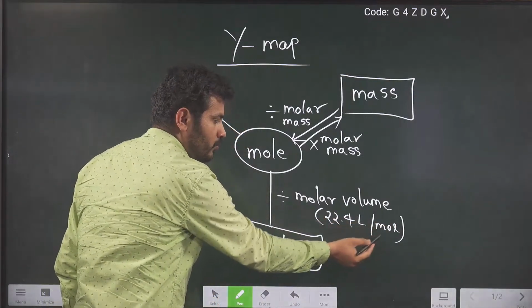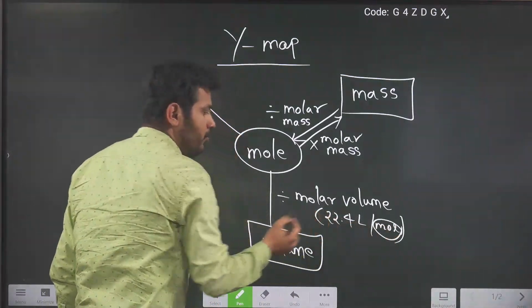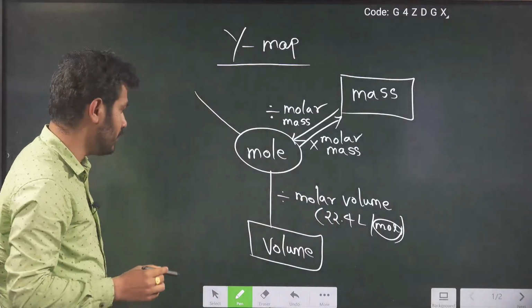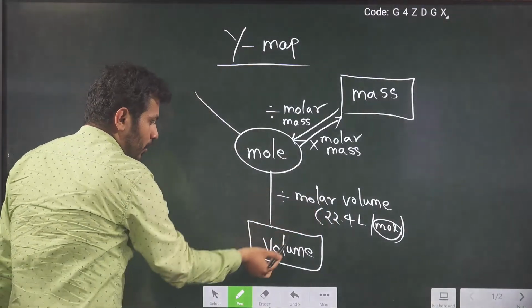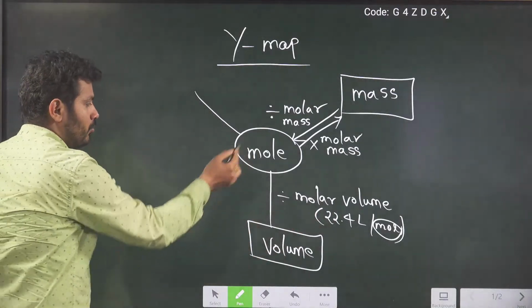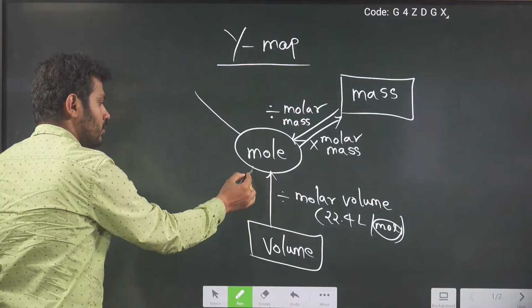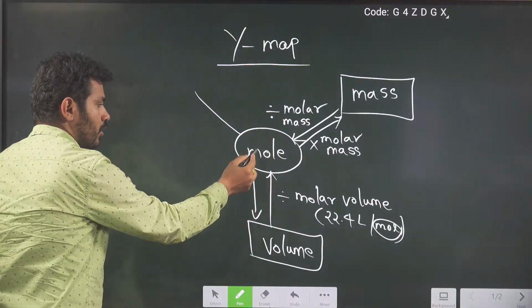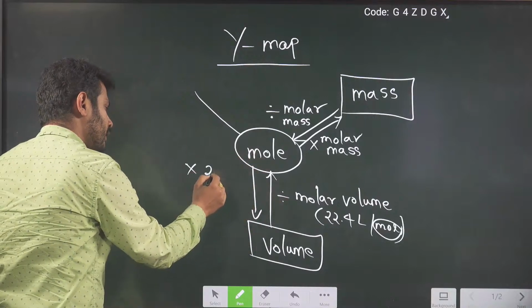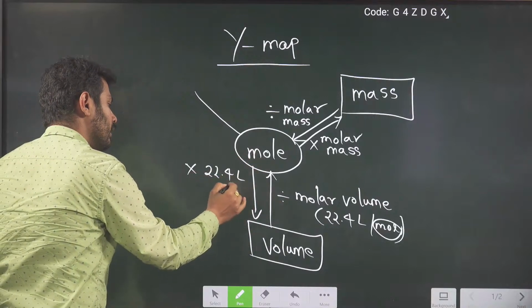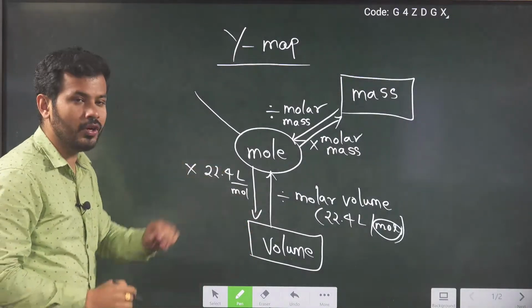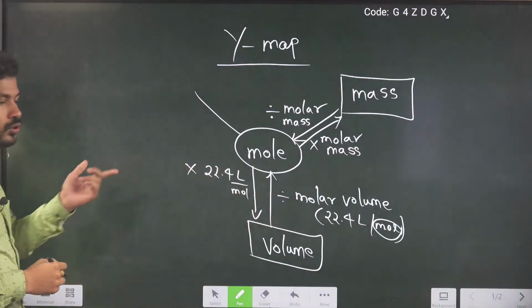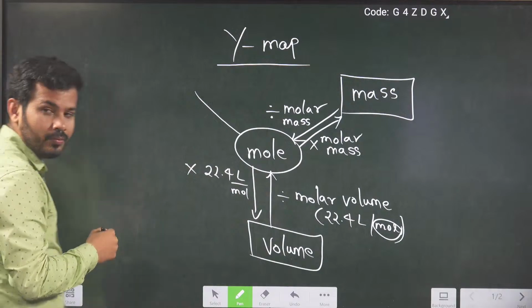It means 1 mole of any gas will occupy 22.4 liters at STP. If you divide the volume given in the question by the molar volume, you will get the number of moles. And just the opposite: if mole is given, multiply with 22.4 liters per mole and you can get the volume of the gas. We will discuss more questions on this to make it clearer.